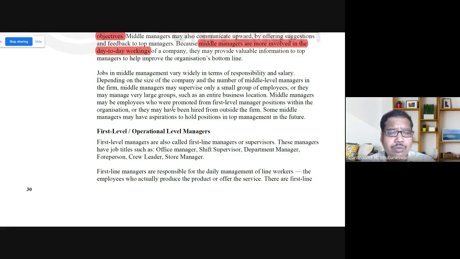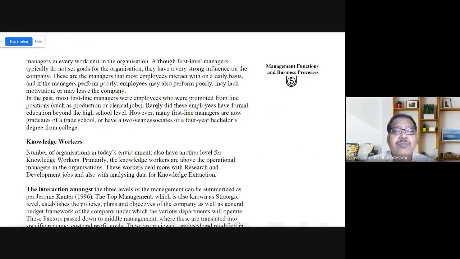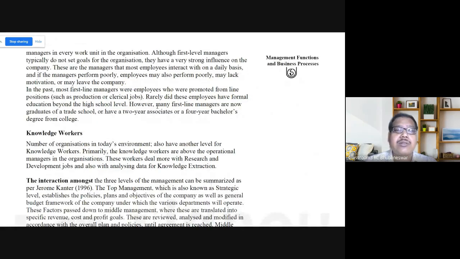They are first line managers with responsibility for daily management of line work, and they oversee the employees who actually produce the product or service, checking whether they have all the necessities to satisfy the customer or not. First level managers typically do not set the goal for the organization.